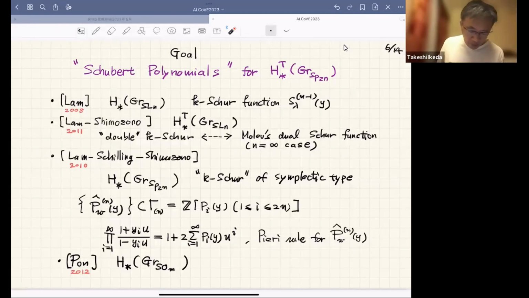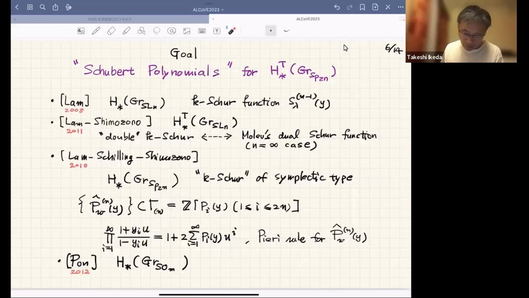For type C and other classical cases, Lam, Schilling, and Shimozono gave K-Schur functions of symplectic type. They identified the ring of non-equivariant homology of the affine Grassmannian of the symplectic group as a certain subring of the ring of Schur P functions generated by these elements.